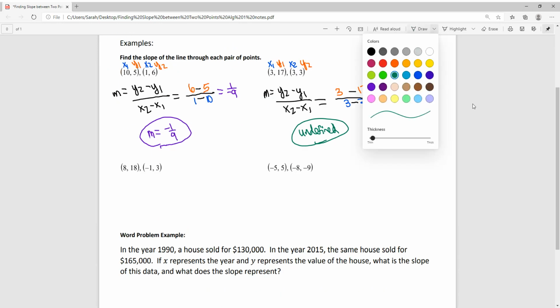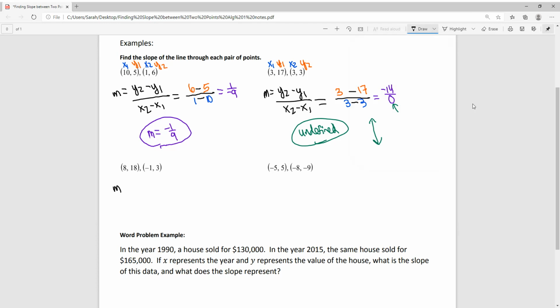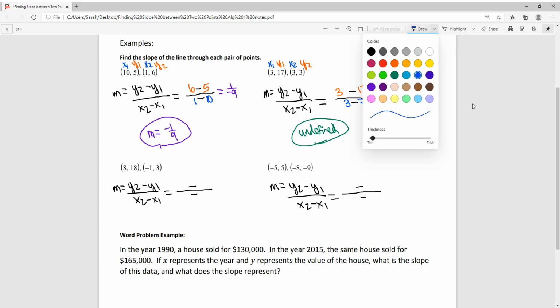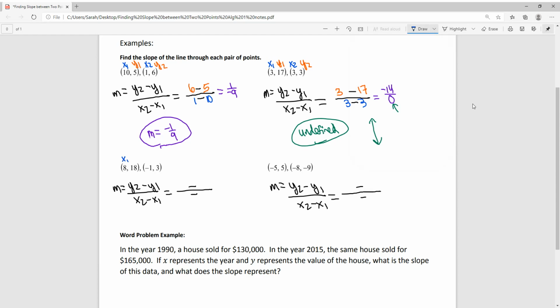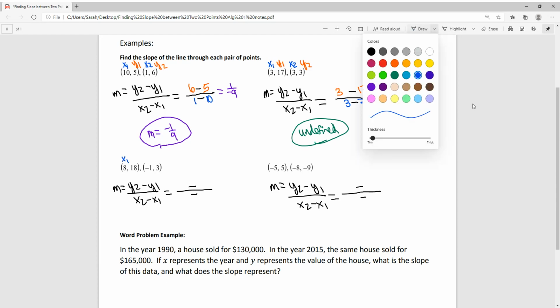Let's try a couple more. So I'm going to go ahead and write the formula out just so we have it for both of them. And kind of preset things up for us. Again, you do not have to write the formula every time, but I think it's very helpful. Okay, let's label our coordinates. My first point, x1 is 8 and y1 is 18.